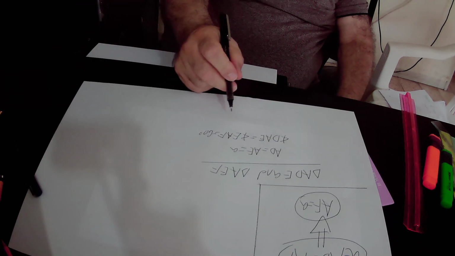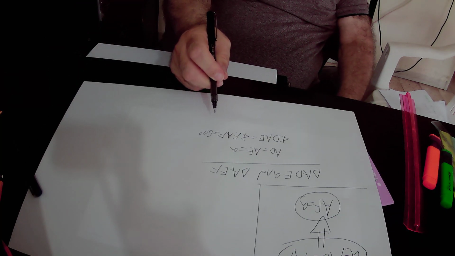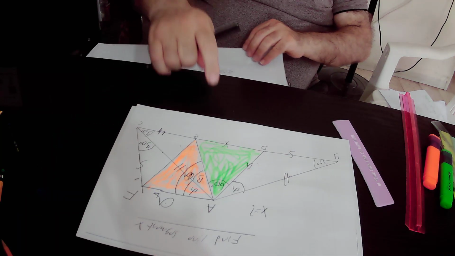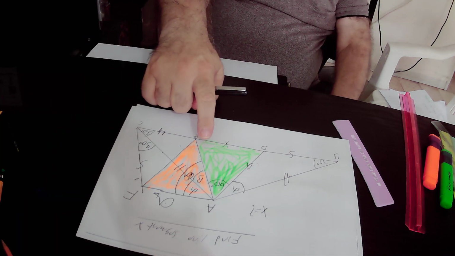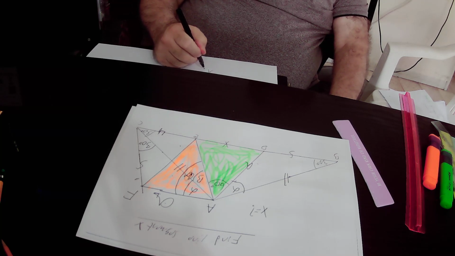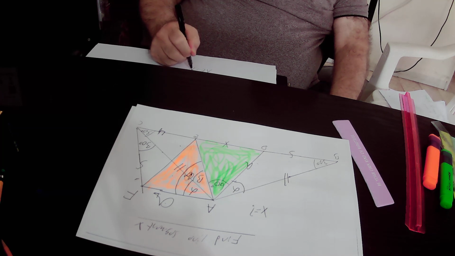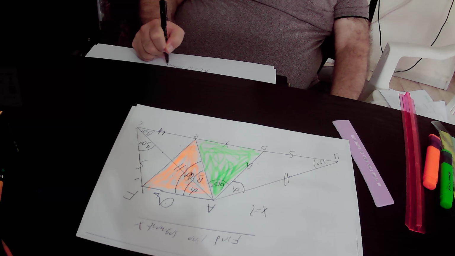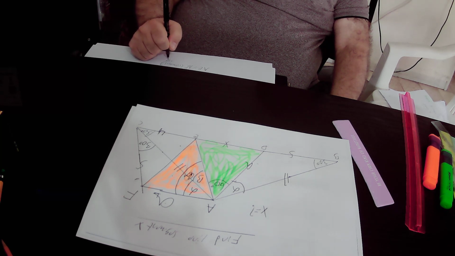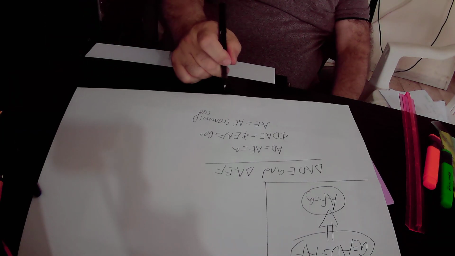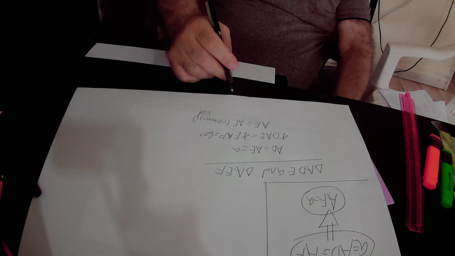Angle DAE equals angle EAF equals 60 degrees. And finally, side AE is a common side, it belongs to both triangles, so this side equals itself. Side AE equals side AE is a common side.